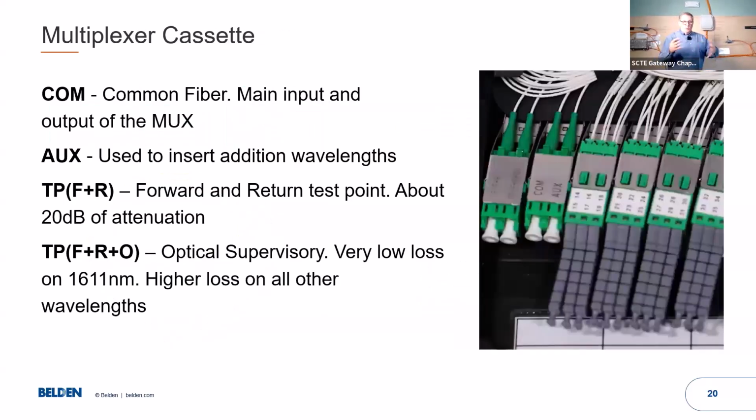All muxes in the newer versions are coming with some common ports. COM stands for common fiber. AUX, auxiliary, sometimes labeled express, sometimes labeled some other things, is actually expansion.